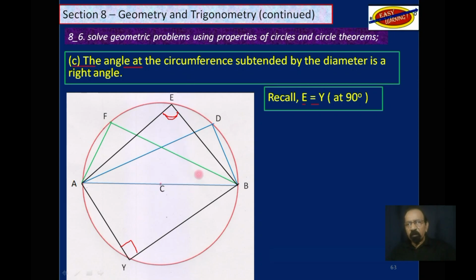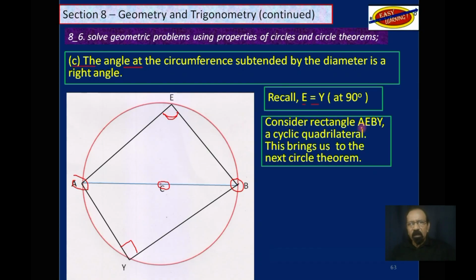Now, if we remove some of those lines, we notice we have a quadrilateral in here. But the line from this vertex and that vertex passes through the center, so that's the diameter. When that happens, those angles are 90 degrees.